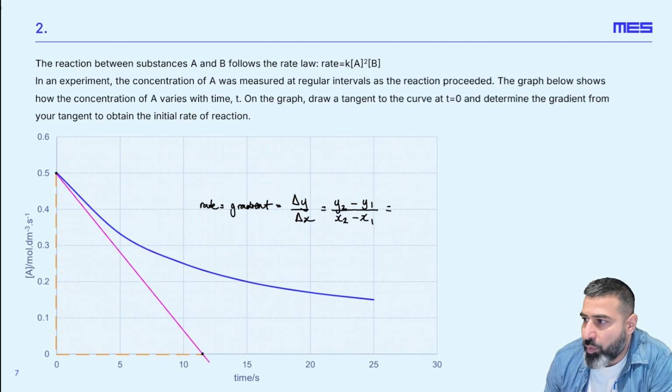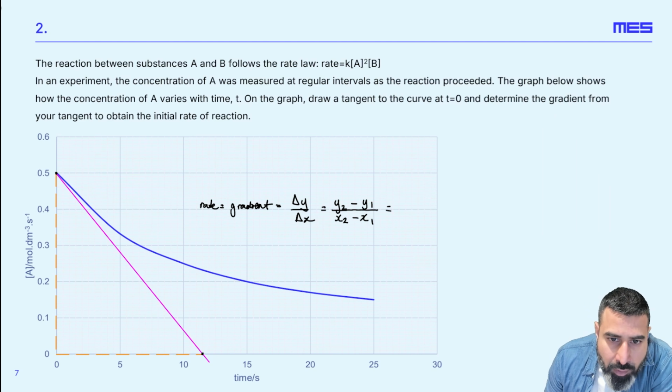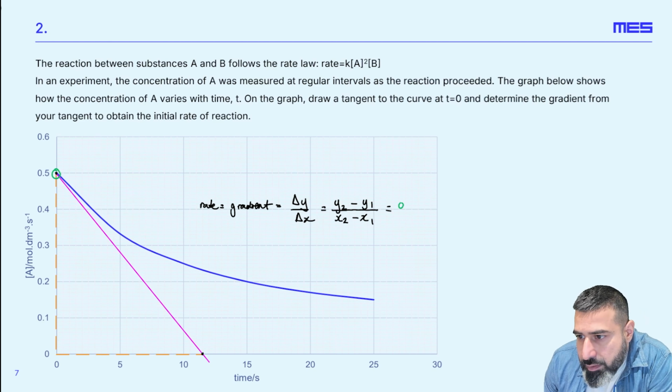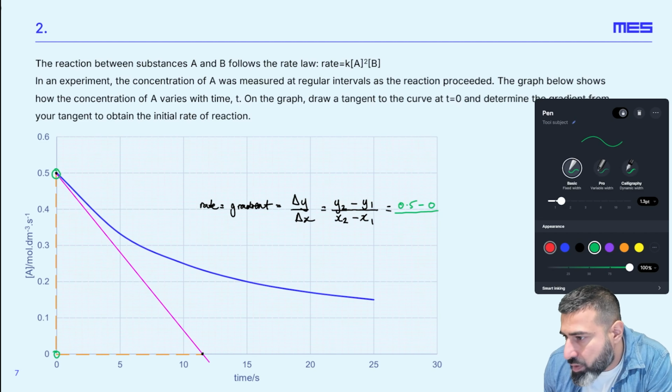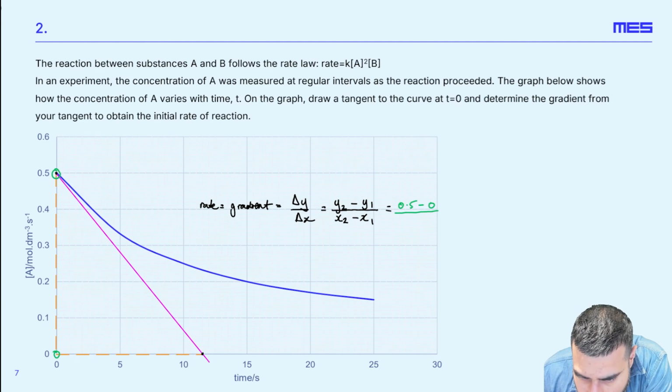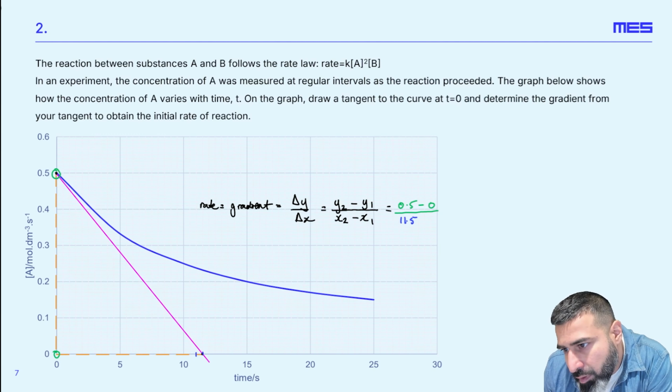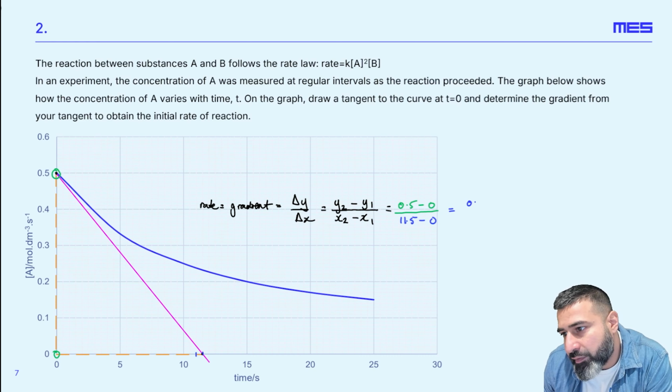Okay, so y2 is 0.5, and then y1 is 0. Great. Now x2 is 11.5 and x1 is 0, so this becomes 0.5 over 11.5.